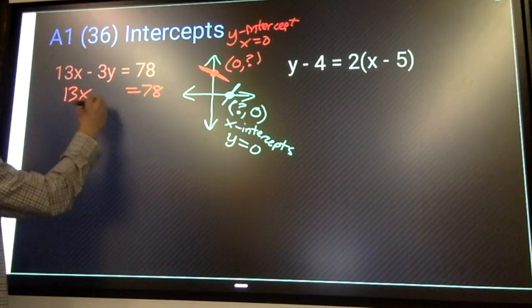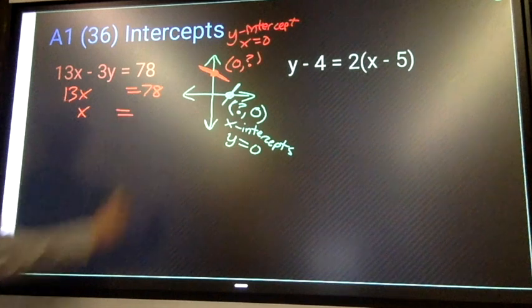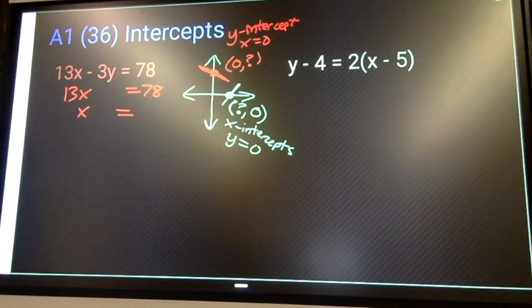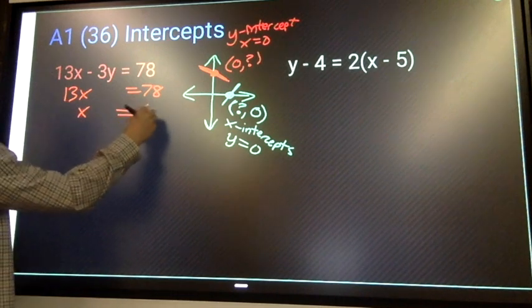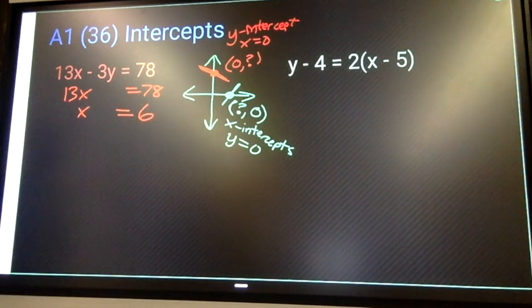The x-intercept is going to be 6. Divide both sides by 13. X equals 6.